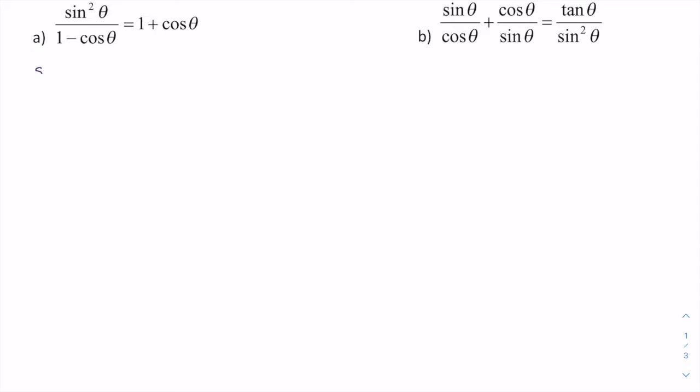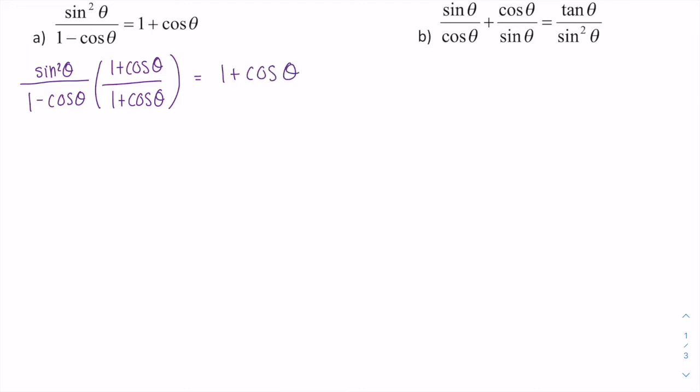So what we're going to do to start is I'm just going to multiply by what I need. So I'm just going to multiply by 1 plus cosine theta all over 1 plus cosine theta. And the reason why I multiply by the same numerator over the same denominator is so that it's the same as me multiplying by 1.